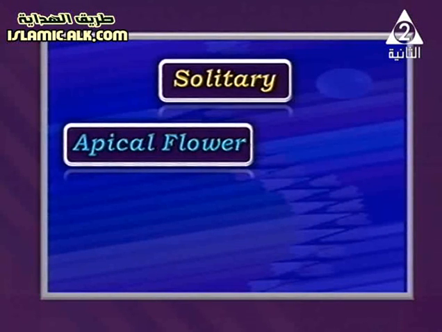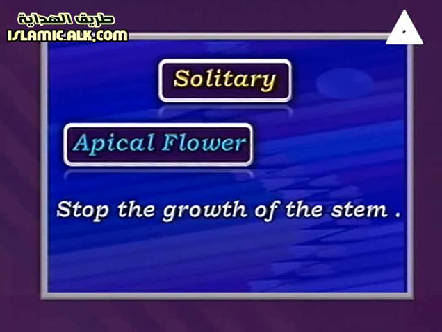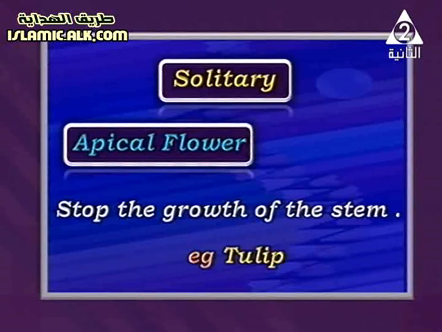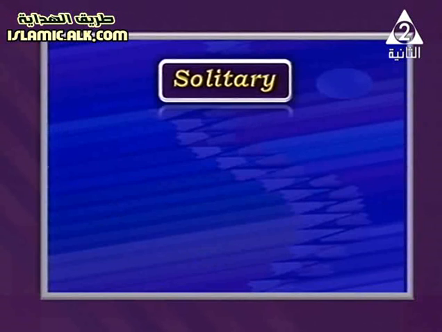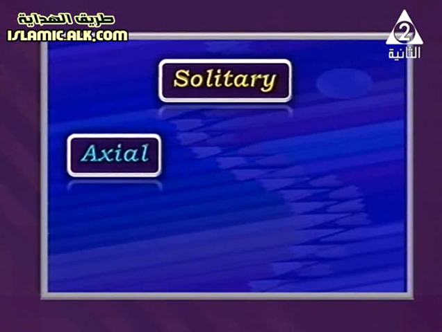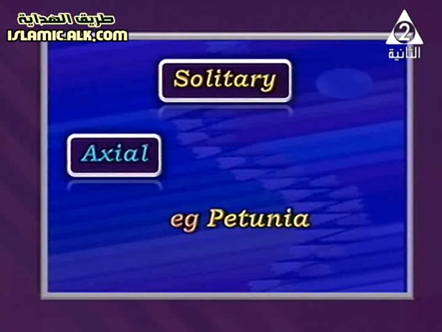Apical means at the top, at the end of the stem. It causes stopping the growth of the stem; it doesn't grow anymore. This is the apical flower, like the tulip plant. And also we have the axial flower, like the petunia plant.